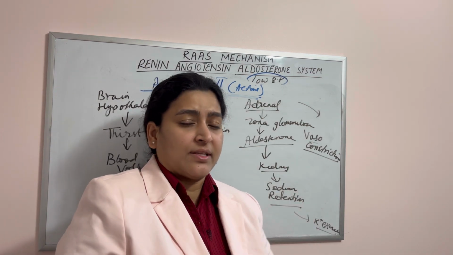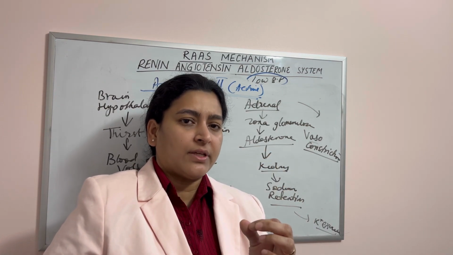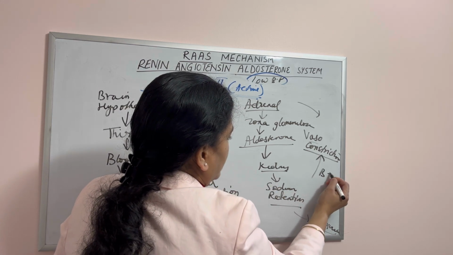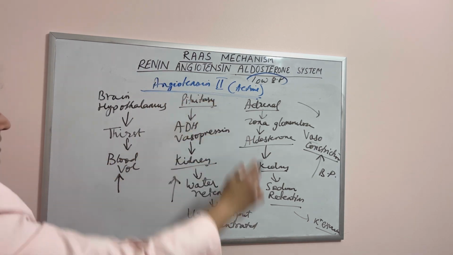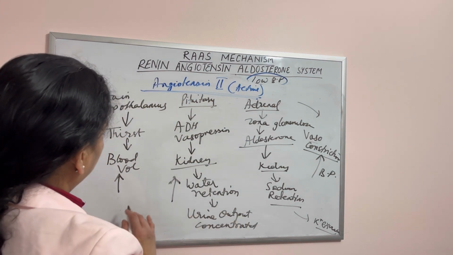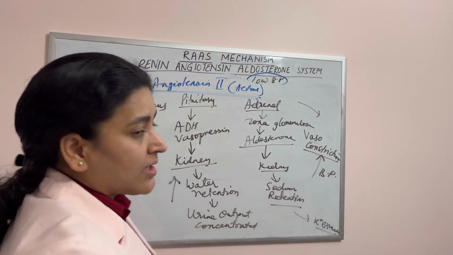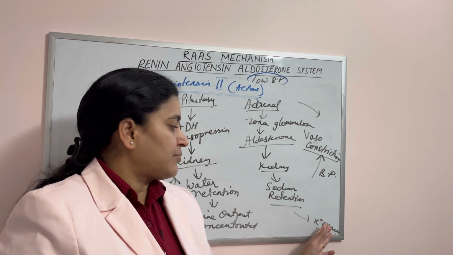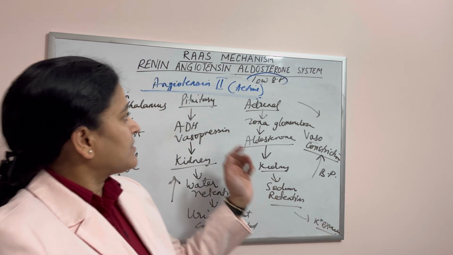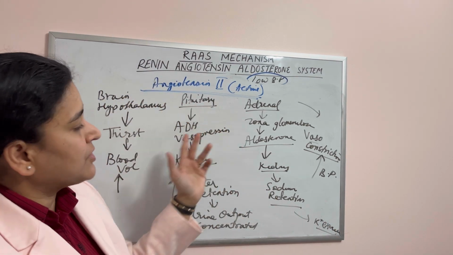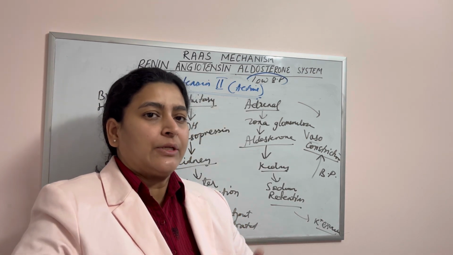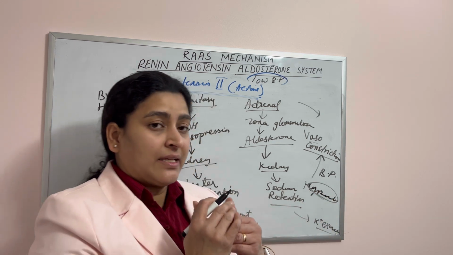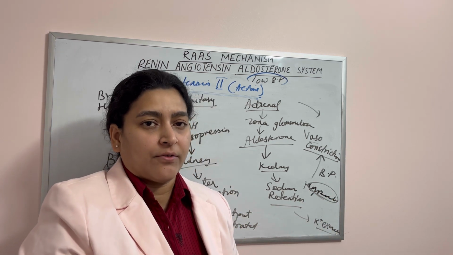Vasoconstriction means the narrowing of the arteries, so that the resistance increases, and ultimately it would increase the blood pressure. So angiotensin 2 in the active form is useful in increasing the blood volume and increasing the blood pressure. It does the water retention and the sodium retention, and potassium is basically excreted. So this is how angiotensin 2 would work to increase the blood pressure. That means it would cause hypertension if it remains active for a chronic period of time.